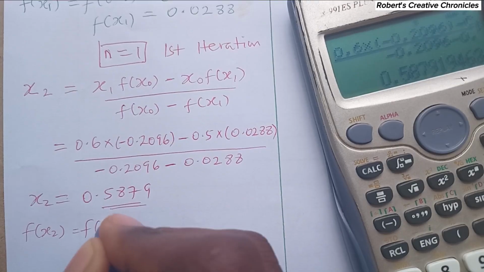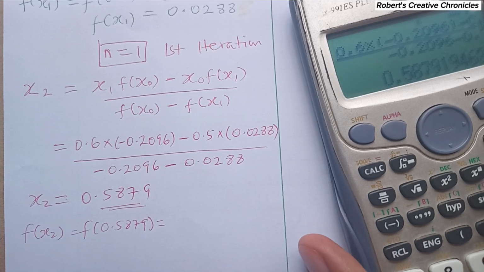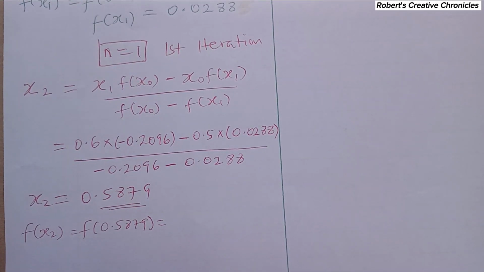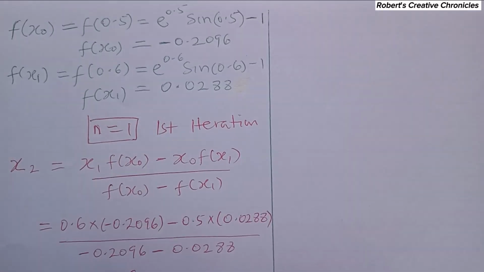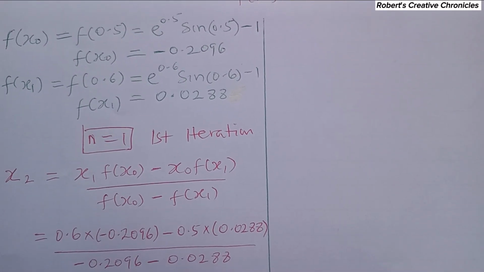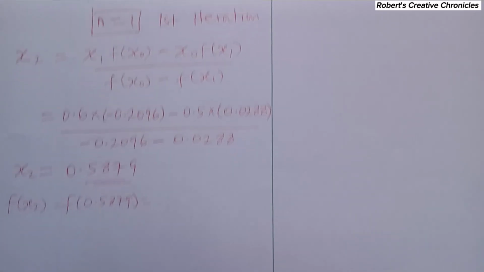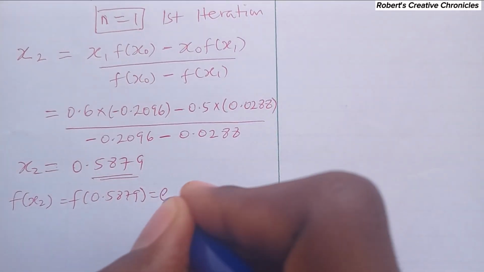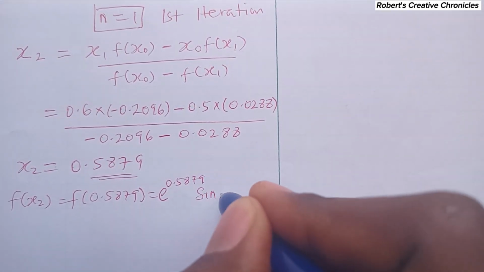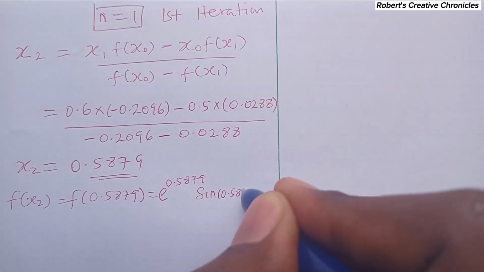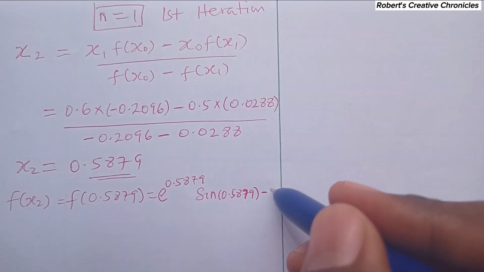f(x2), which is f(0.5879). So now we substitute it into the function: exponent of it, sine of it, minus 1. It will be exponent of 0.5879 sine 0.5879 minus 1.